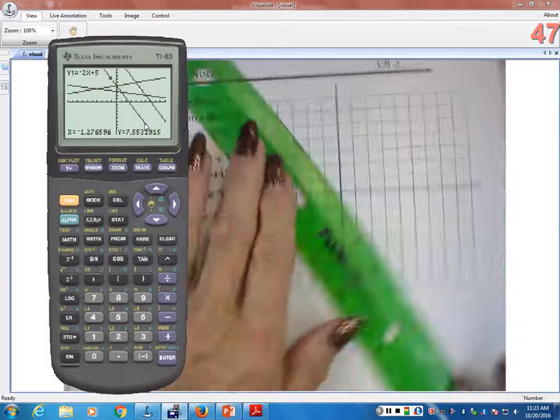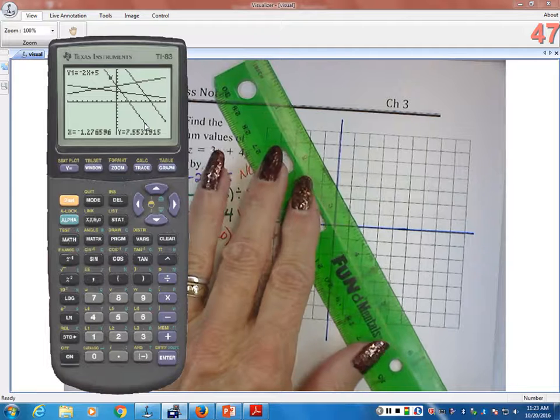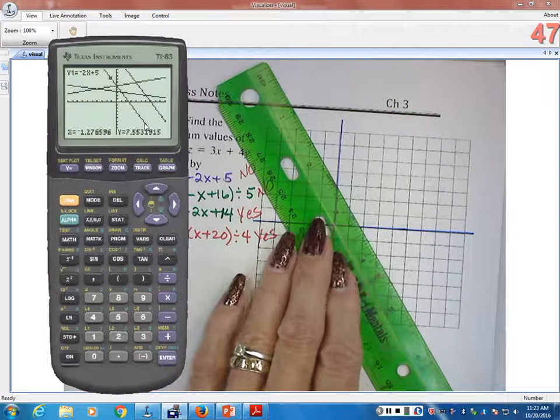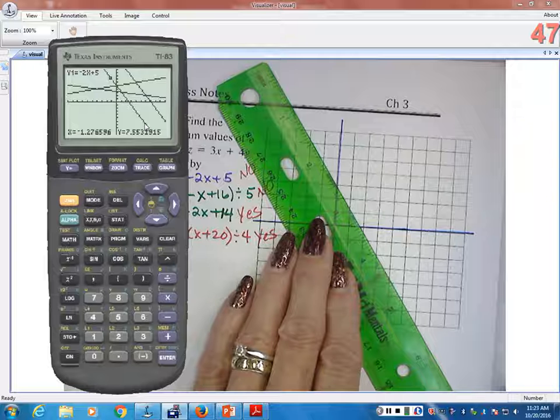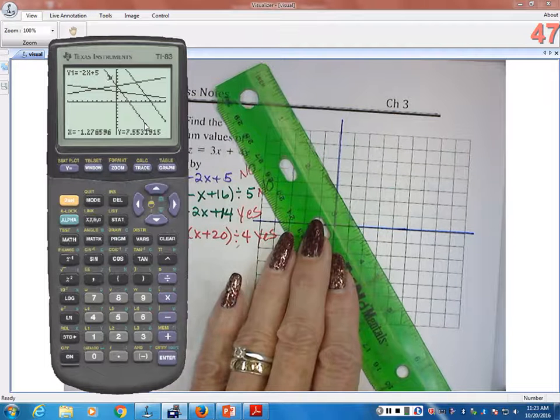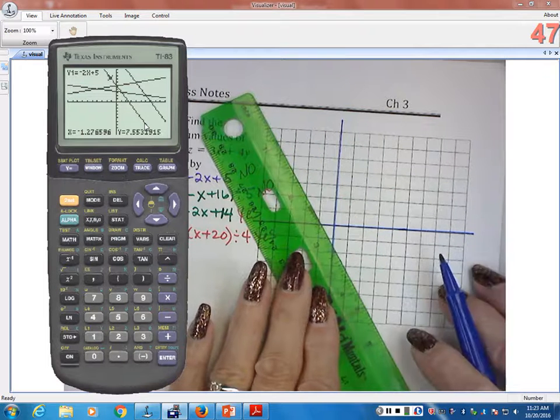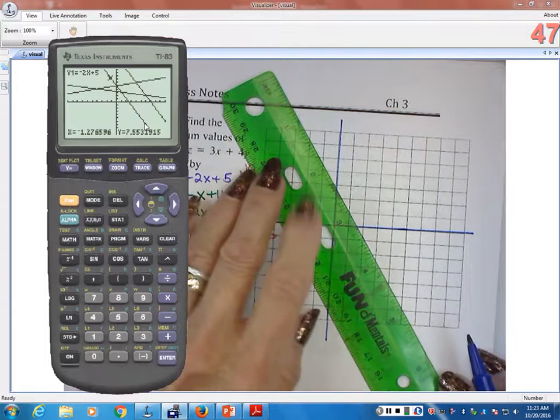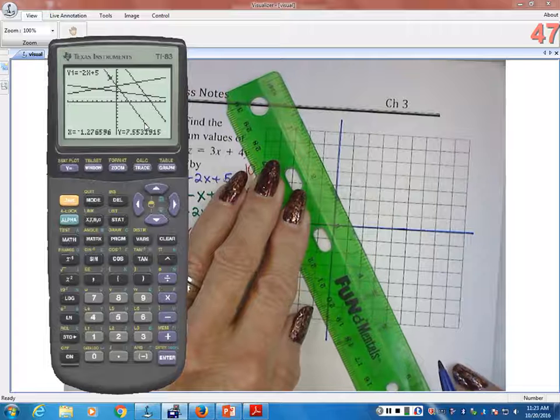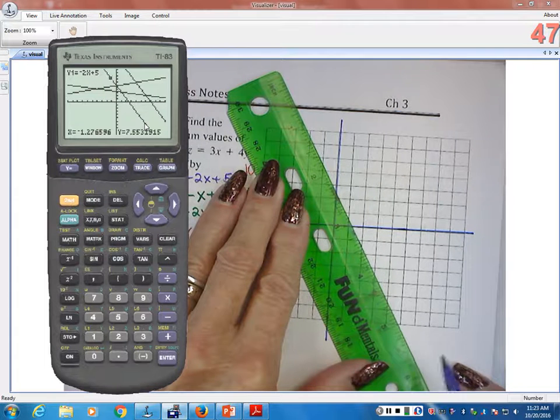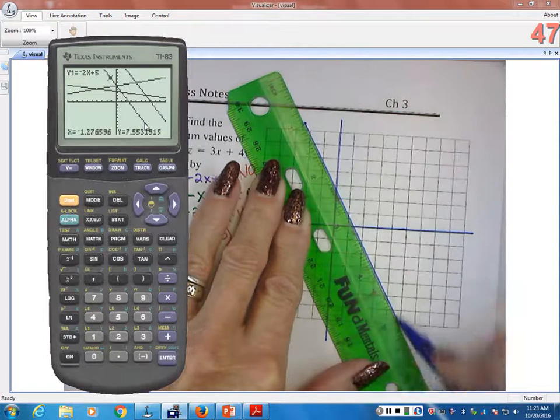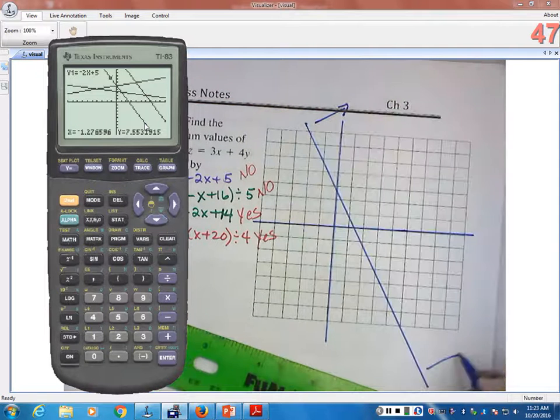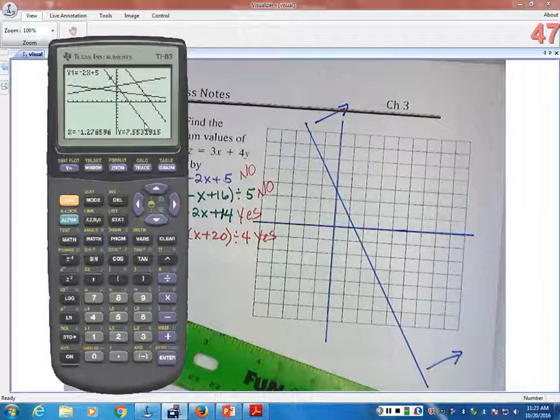Now remember, I'm just sketching. I'm not trying to make this perfect. Let's keep it relatively small. This one shades this way. I'm not actually going to shade till the very end.